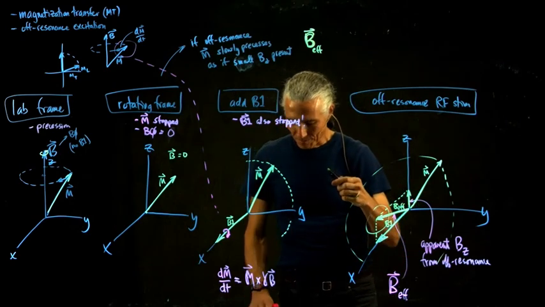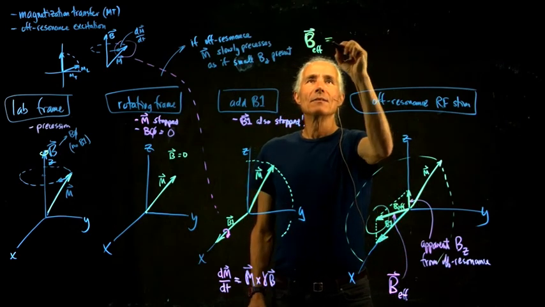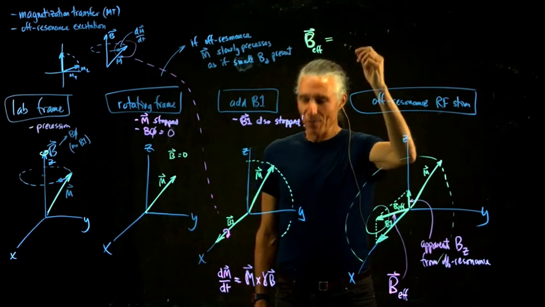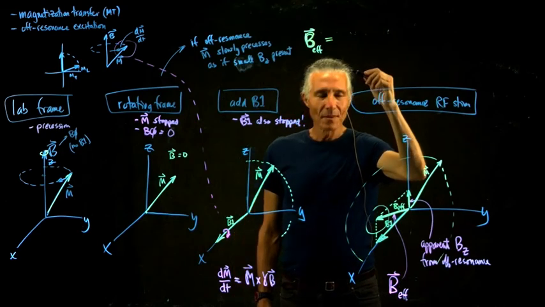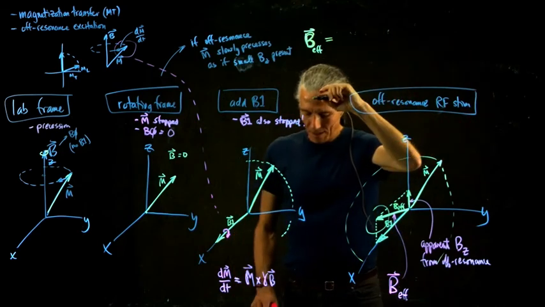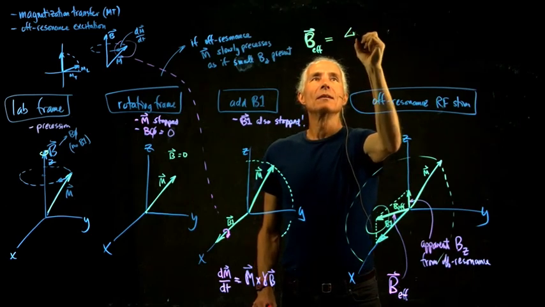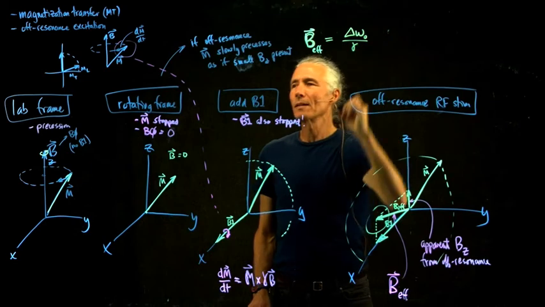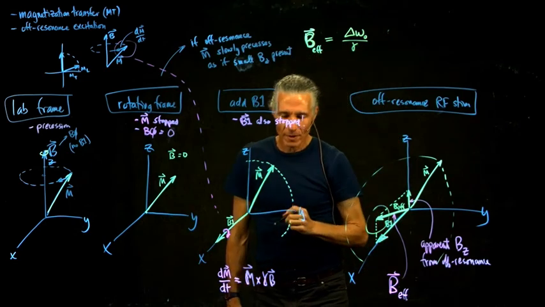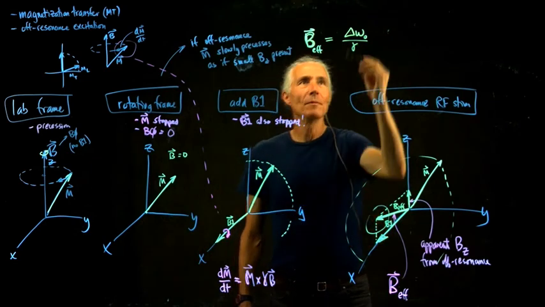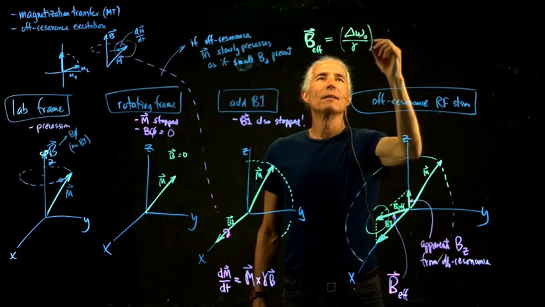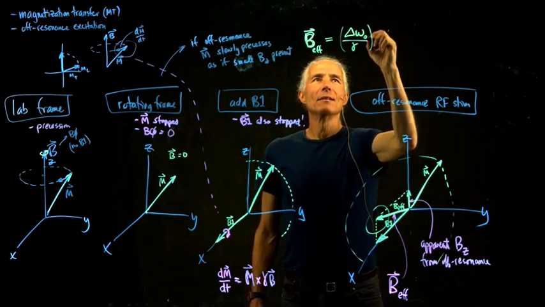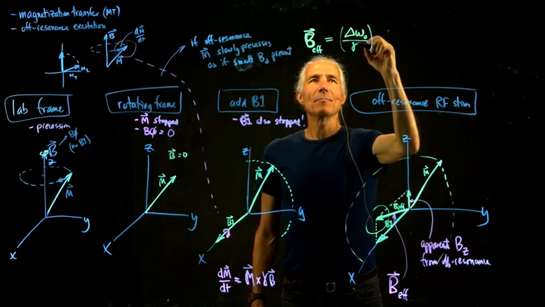There's three things here. So we'll start off with how far off we are from the resonant frequency. So that's the off resonance term. And why is it frequency divided by this?